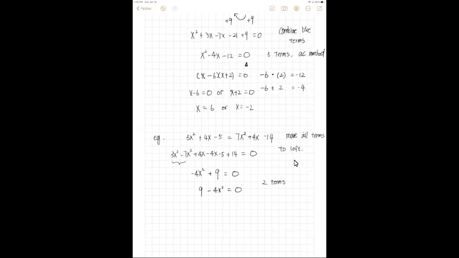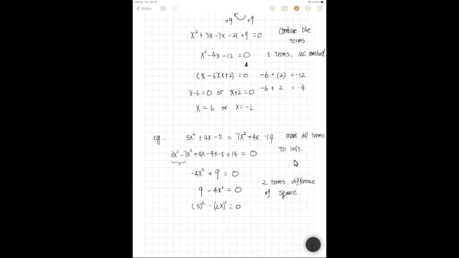Since this is not cubed, that means we can't use the sum of cubes. When you see a square, that means we can use the difference of squares. The square root of 9, I can write it as 3 squared. 4x squared, I can write it as (2x) squared.